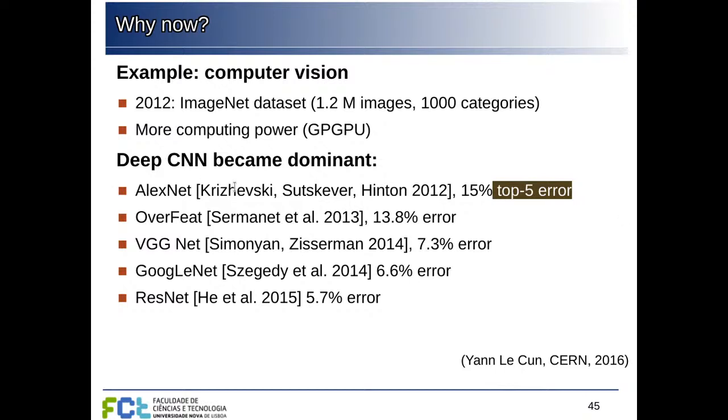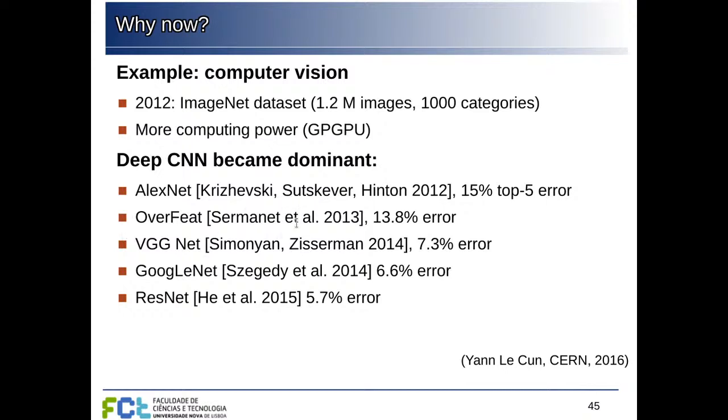We give an example to the network, it gives us the 5 most likely categories it considers the image to be in, and it was making a mistake 15% of the time. When we consider that there are 1,000 categories, this is pretty good, because 85% of the time it would give us the correct category in the top 5, and only 15% of the time it would make a mistake. And this was much better than computer vision methods.